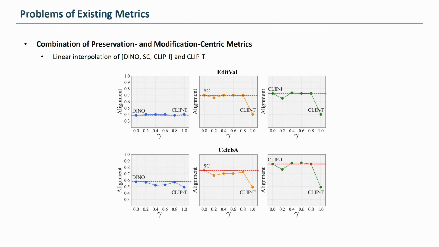Preservation and modification-centric metrics have complementary goals. The naive approach is to combine them, for example, by linear interpolation. However, this blending often worsens the performance and fails to reflect human preferences.